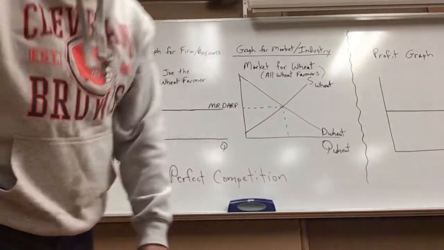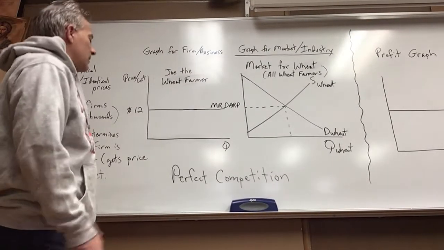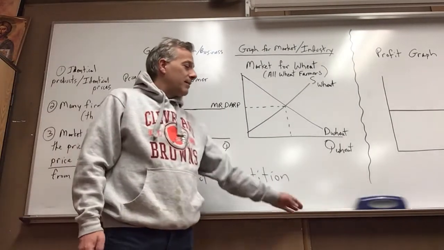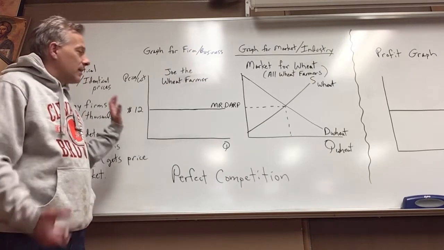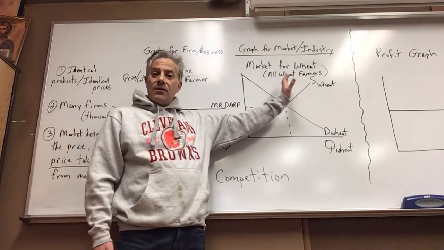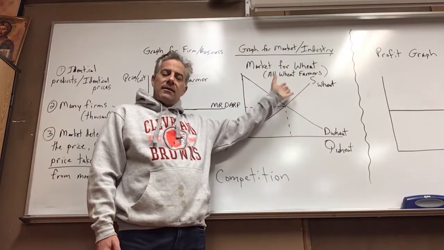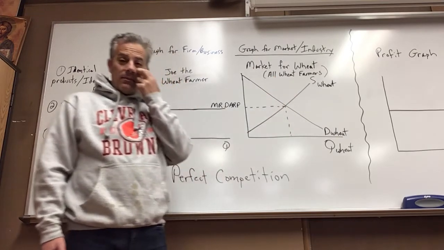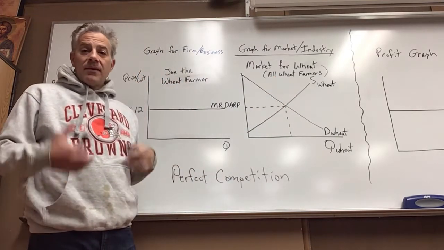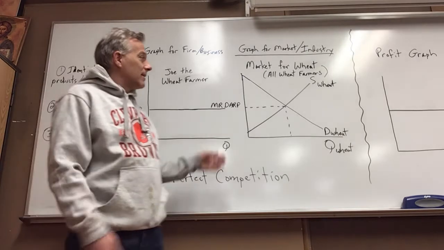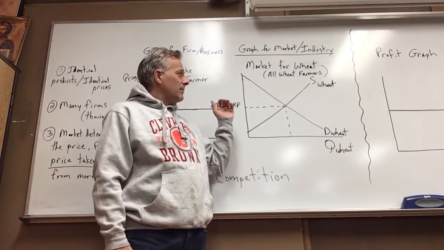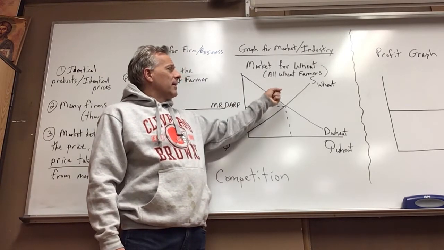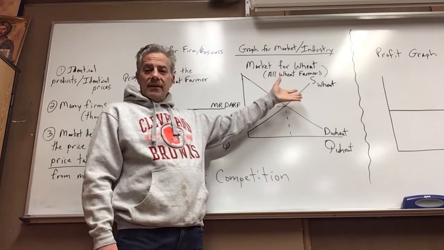So here's the first graph that you're going to have to create, the side-by-side graph. Not bad at all. Just know that you've got the graph for the market. So let's say it's wheat. It could be copper. It could be shares of Apple stock, as long as things are identical. The market for wheat is just the supply and demand of wheat.